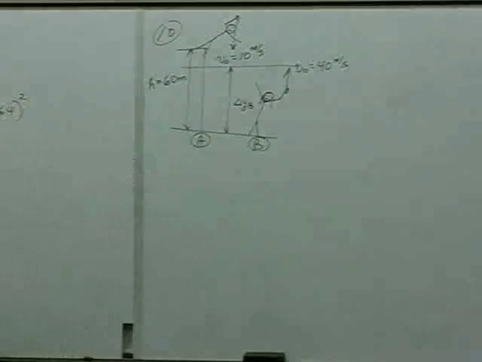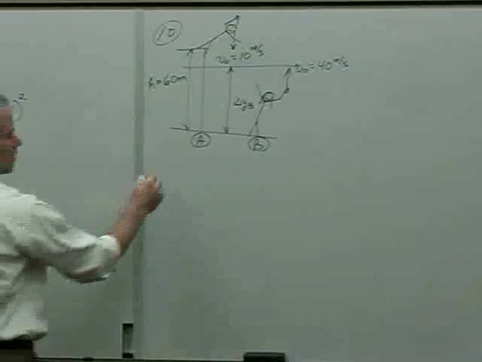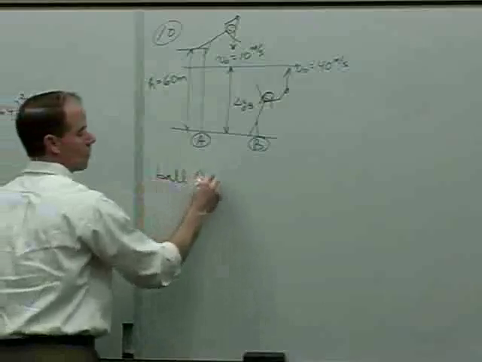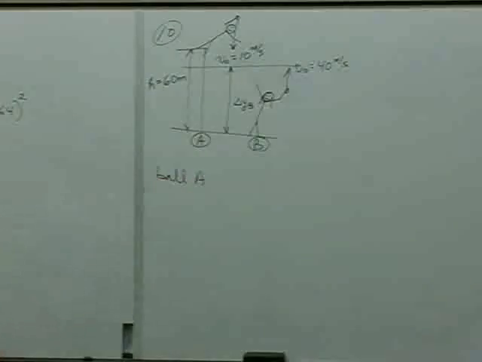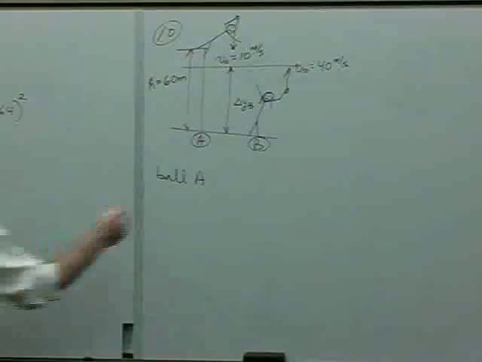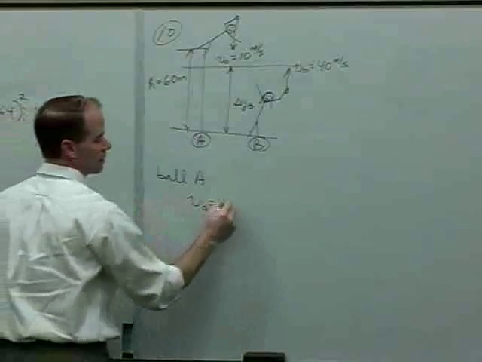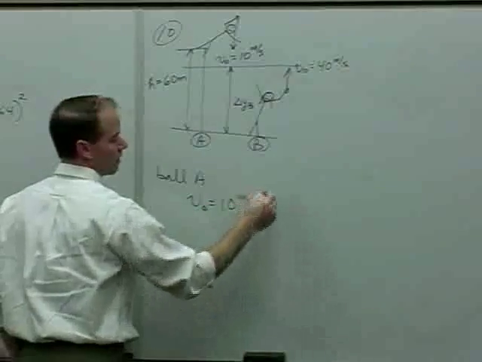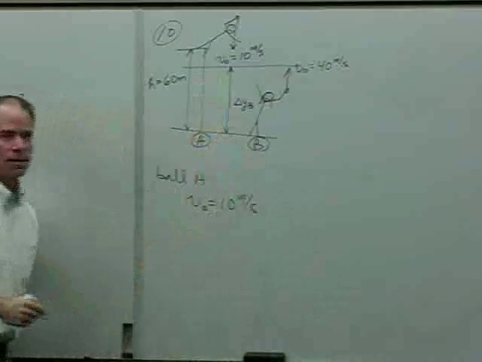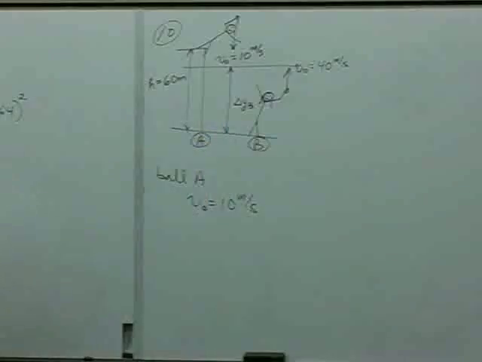All right. Before we get there, let's talk about what we know about each ball thrown. What do I know about ball A? I know the initial velocity for A is 10 meters per second. And we're going to call it positive downward. And so acceleration would be positive 9.8.